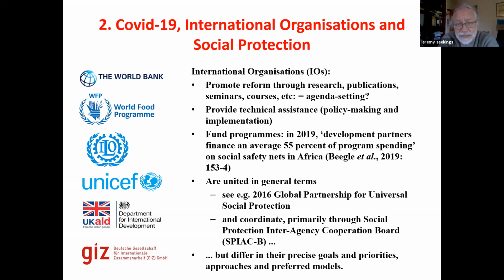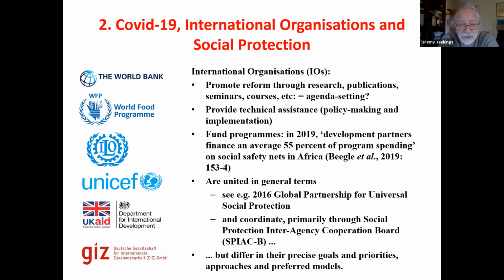Now, international organizations try to coordinate, and they do coordinate to some extent. I point in the slide to the 2016 so-called Global Partnership for Universal Social Protection, when all of the agencies said they're all in favor of universal social protection, and they coordinate through this strange body called SPIAC-B, which is a coordinating body.